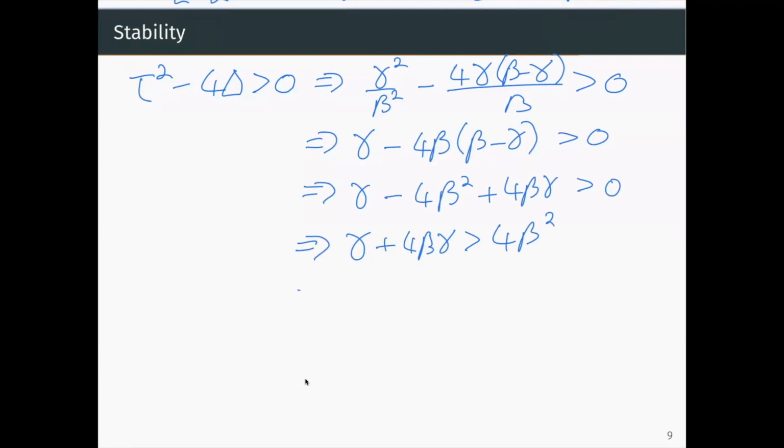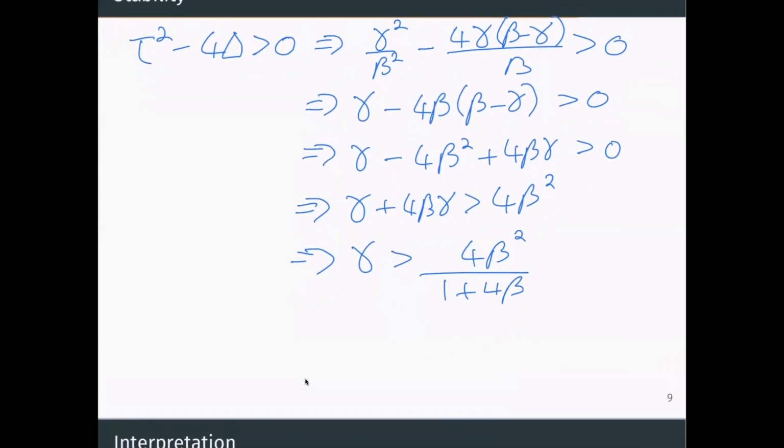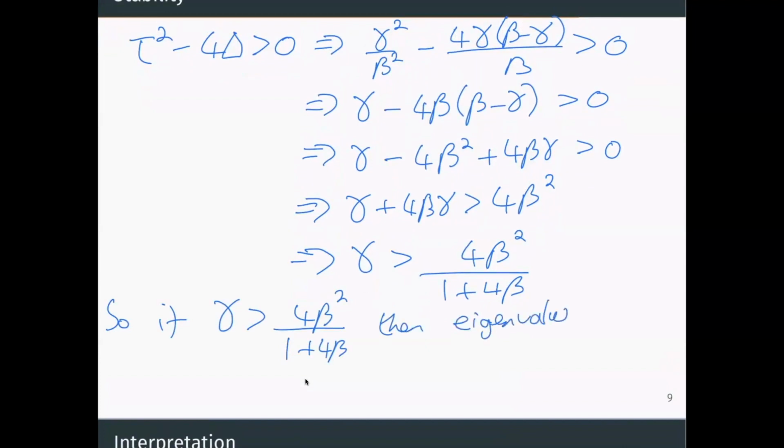And then I can divide both sides by 1 plus 4 beta. And we'll get gamma has to be greater than 4 beta squared over 1 plus 4 beta for our eigenvalues to be real. So if gamma is greater than 4 beta squared over 1 plus 4 beta, then our eigenvalues are real.